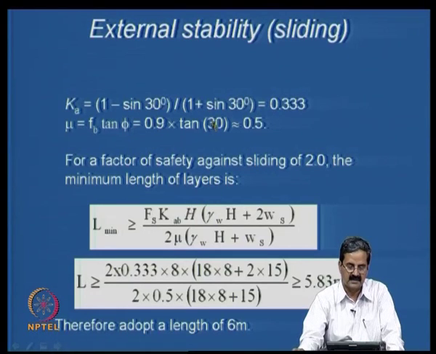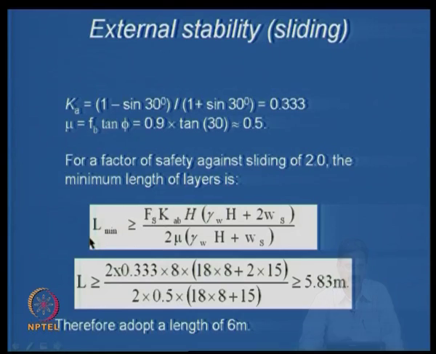As I just mentioned, once you know the quantities and factor of safety, I gave an expression for the sliding stability. If you use the previous formula that we discussed, to avoid sliding the factor of safety minimum is 2. So, use that number, and all the quantities like KAB, height and surcharge, everything is known.